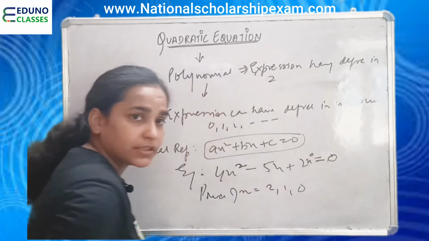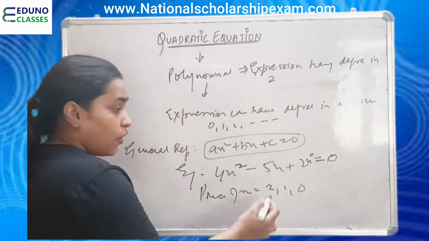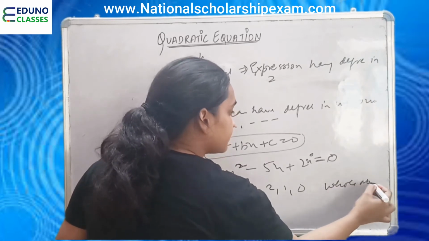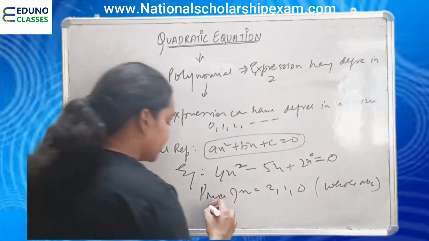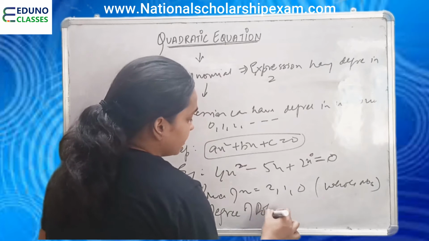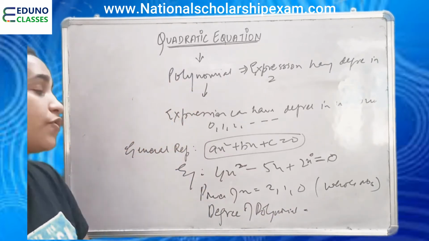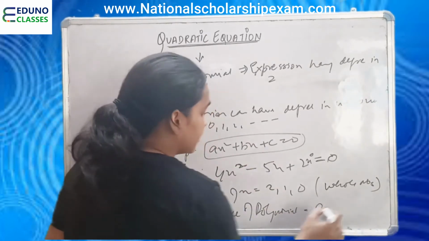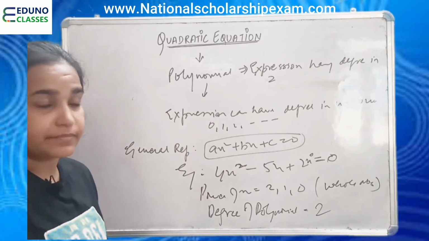Here x is x power 0. 2, 1 and 0, all these are whole numbers and the highest degree, which we simply call the degree of the polynomial, and here the polynomial is the quadratic equation. So I will say the degree of a quadratic equation is the highest power of the variable term, which here is 2. So this is classified as a quadratic equation.